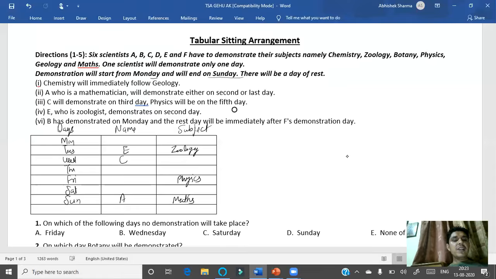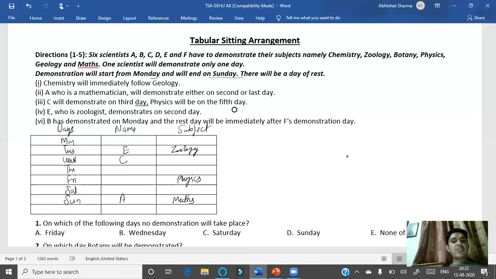Thereafter, in the last statement, B has demonstrated on Monday, and the rest day will be immediately after F demonstration. So friends, if we look in the table for the rest day, rest day can be either Thursday or Saturday.